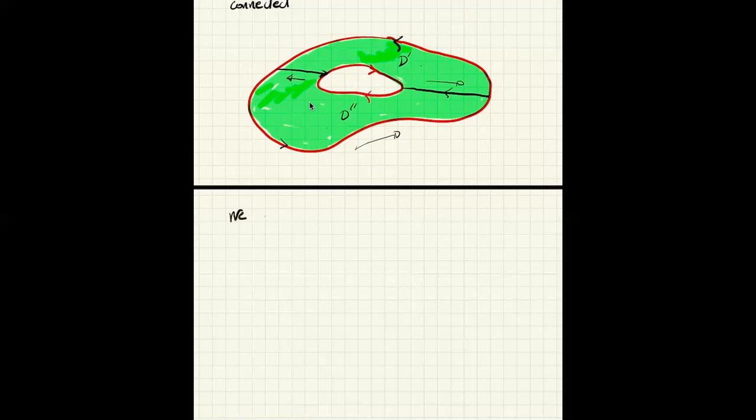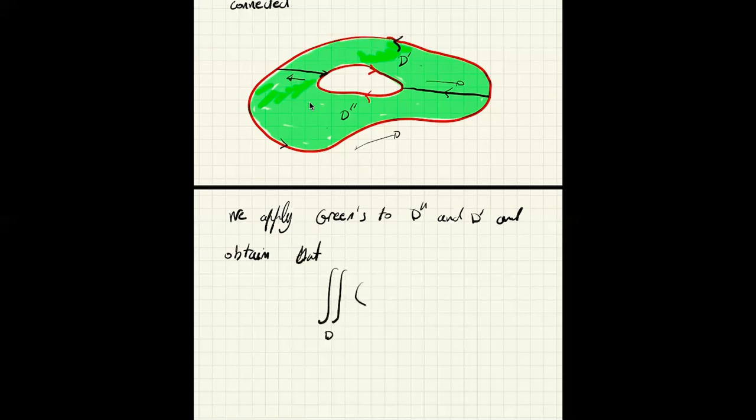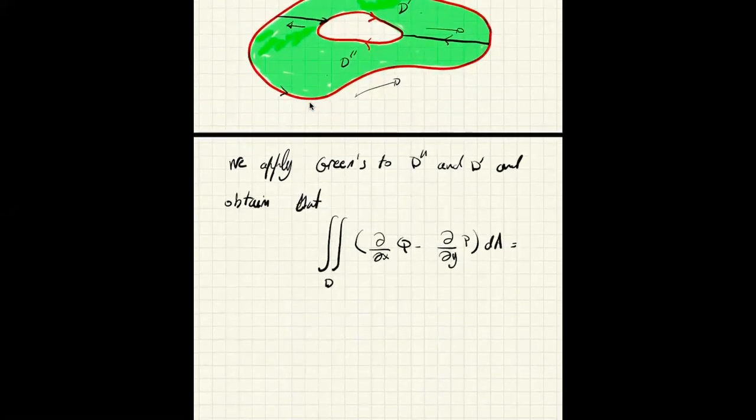So we apply Green's theorem to D prime and D prime prime and obtain that the integral of (dQ/dx minus dP/dy) dA is equal to, now this one I will call C1 and this one I'll call C2, the integral over C1 of P dx and so on.